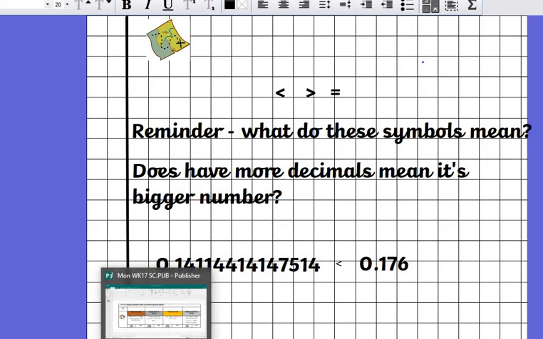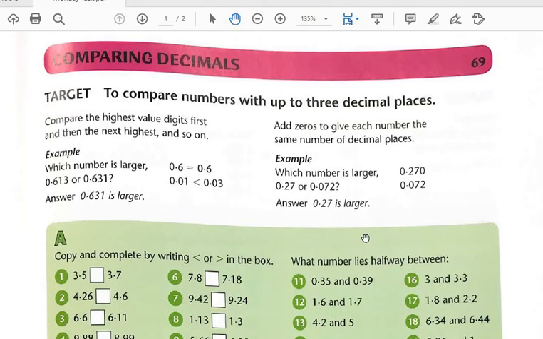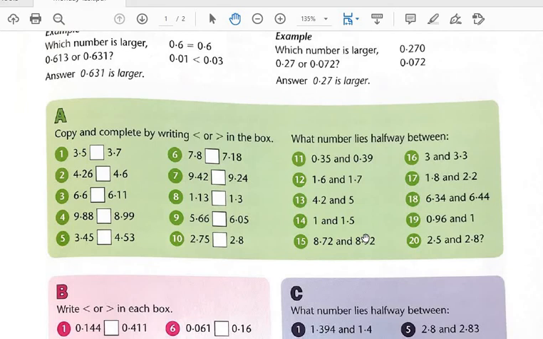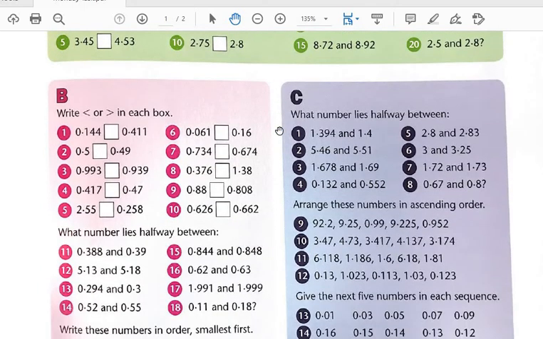So having a look today at our work, we have here comparing decimals. You can see at the top a couple of examples of the work. If you get stuck, just have a look at those for place value and knowledge. If you are bronze, you need to start on A. Silver, I would like you to start on A as well, and gold start on B. C is your platinum challenge.